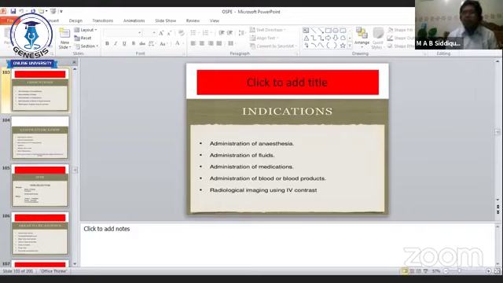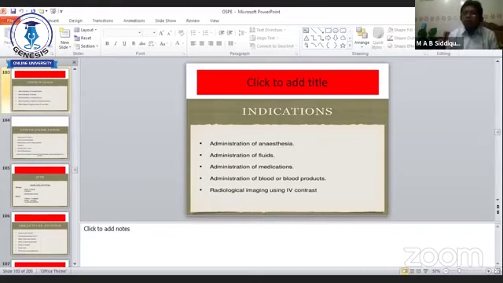Administration of fluid: any fluid in the surgical ward or medicine ward or for hospital admitted patients, like normal saline, Hartmann solution, DA, dextrose aqua, dextrose normal saline. These fluids can be introduced through this cannula. Administration of medication, that is intravenous drugs, antibiotics, chemotherapy. Even chemotherapy, intravenous medication, should be given by IV cannula.